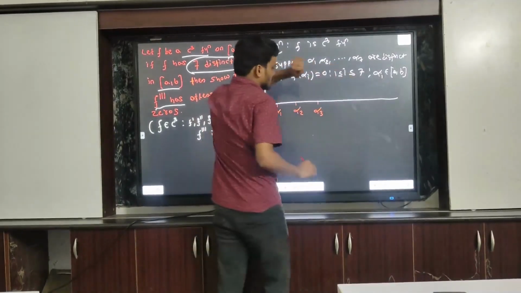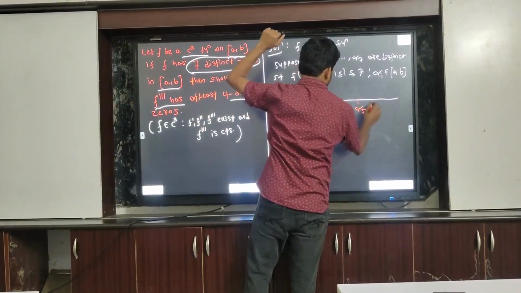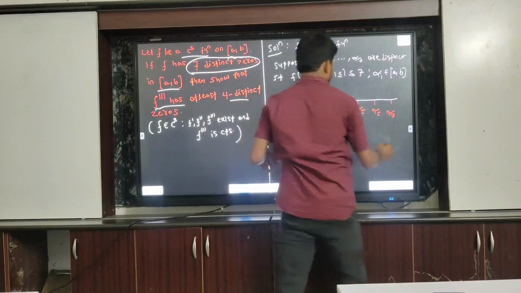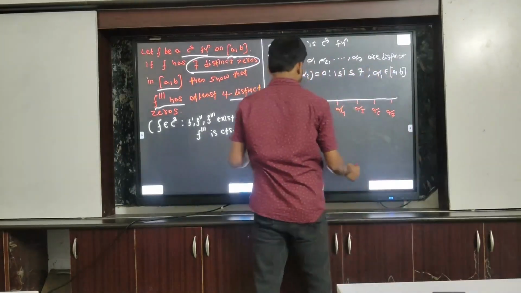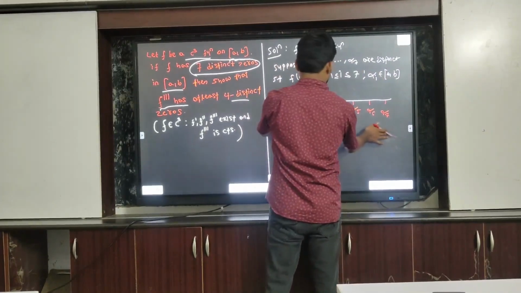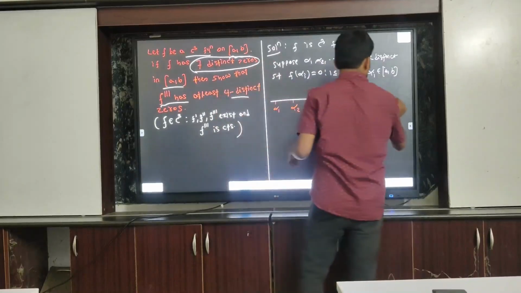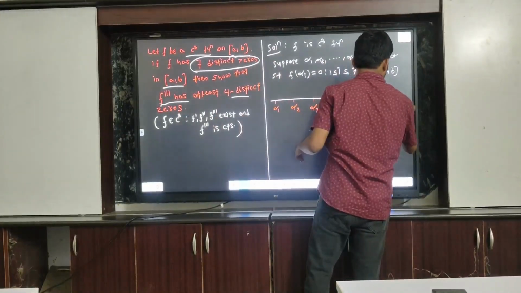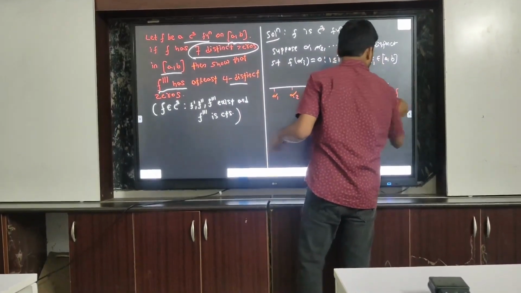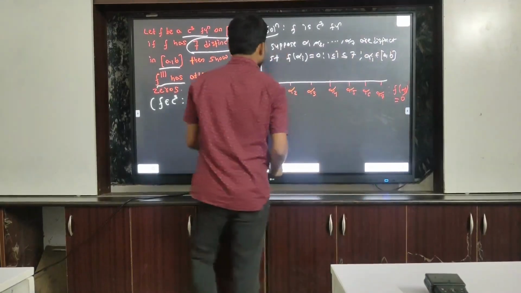So we can represent the numbers alpha 4, alpha 5, alpha 6, alpha 7 here. F of alpha is equal to 0, given.